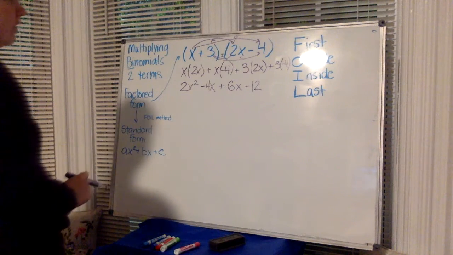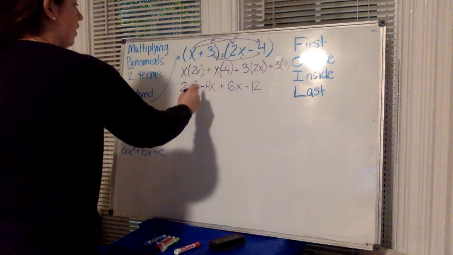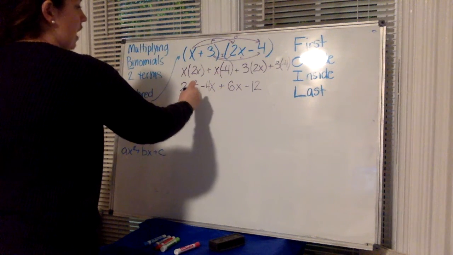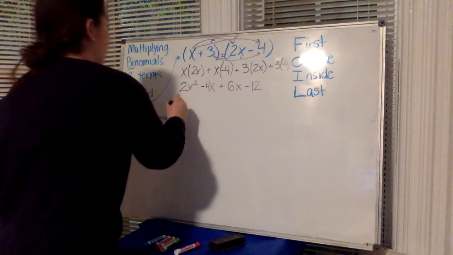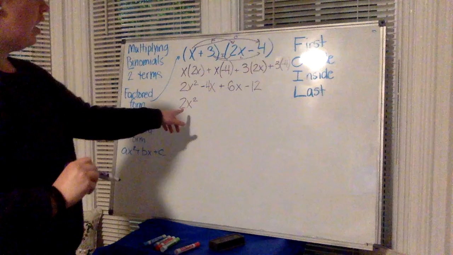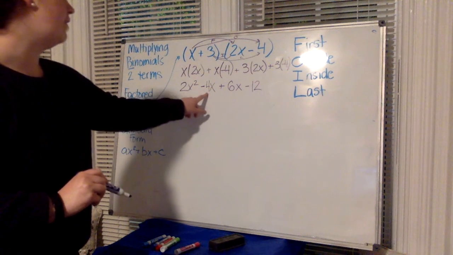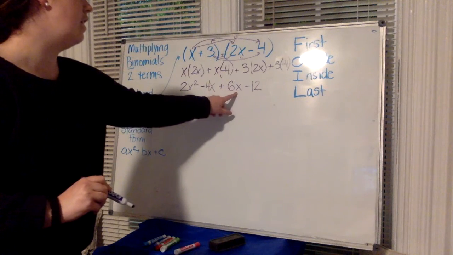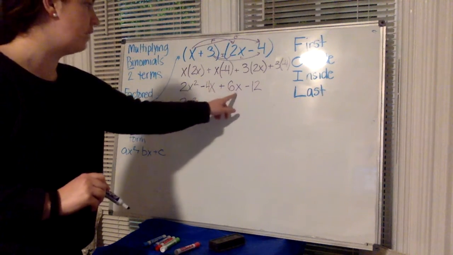So then my last step here is combining my like terms. So I have 2x squared. I don't have any other like terms with 2x squared, but I have negative 4x and positive 6x. These are like terms because they both just have one x.